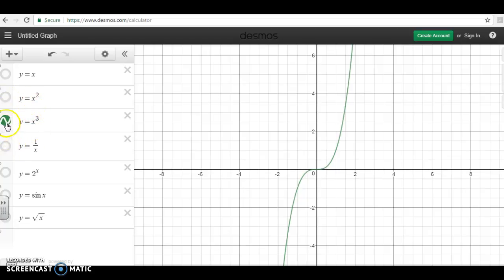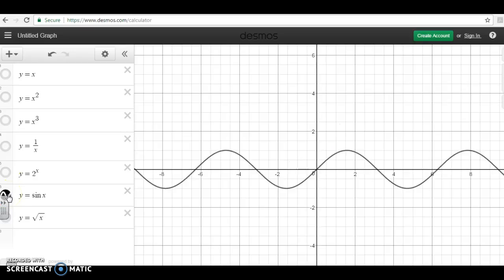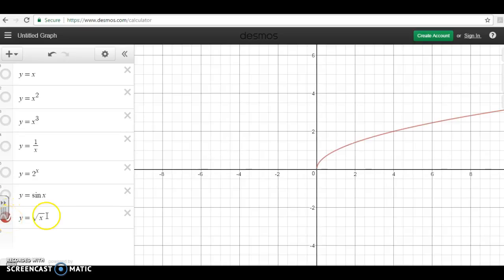And a few more: the rational function y = 1/x, the exponential function y = 2^x, trigonometric functions y = sine, cosine, tangent, all those other things that you've probably seen on your calculator and not known what they do. And last but not least, y = the square root of x.